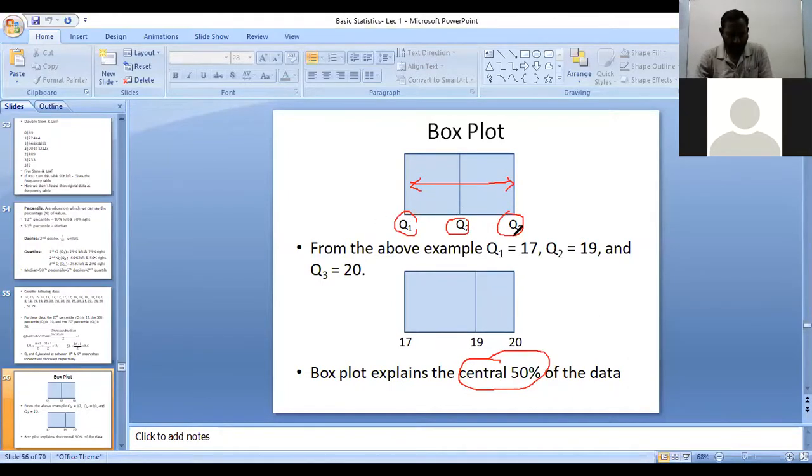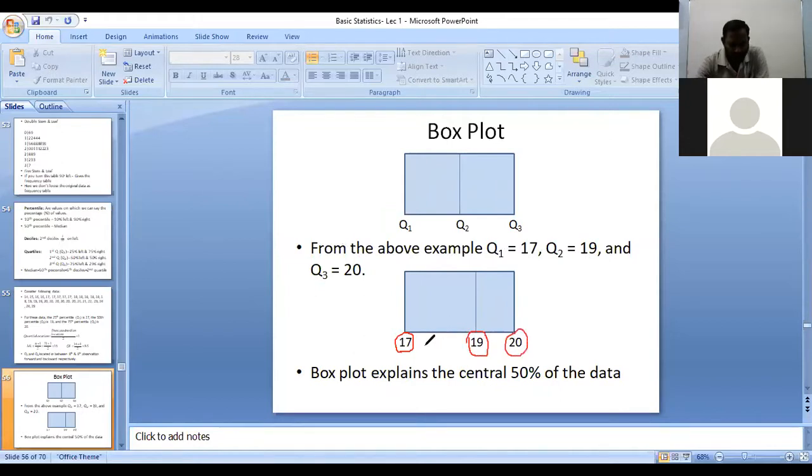For the above example, we have Q1 of value 17, Q2 of value 19, and Q3 of value 20. Now let's look at how Q1, Q2, and Q3 are placed on the scale. So Q1 is 17, Q2 is 19, and Q3 is 20.